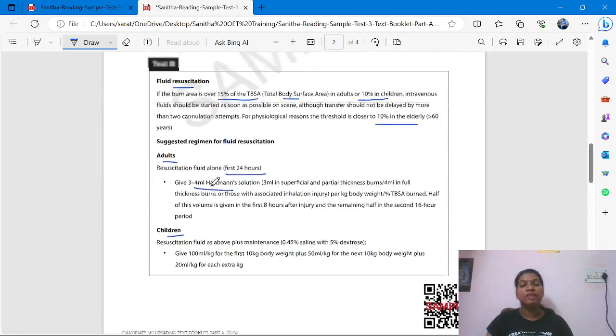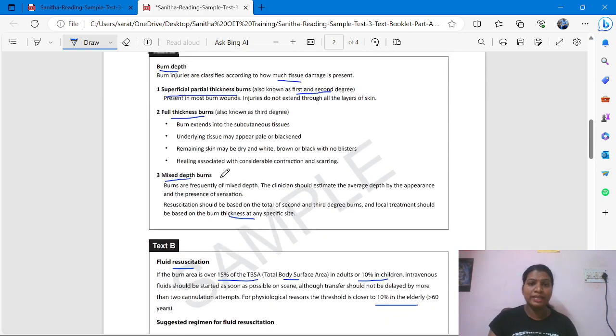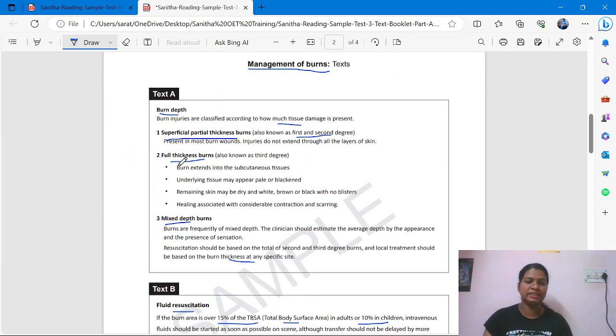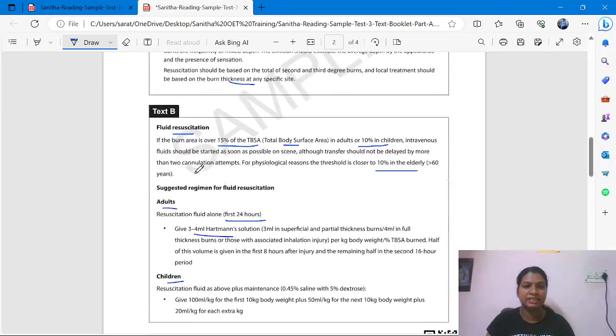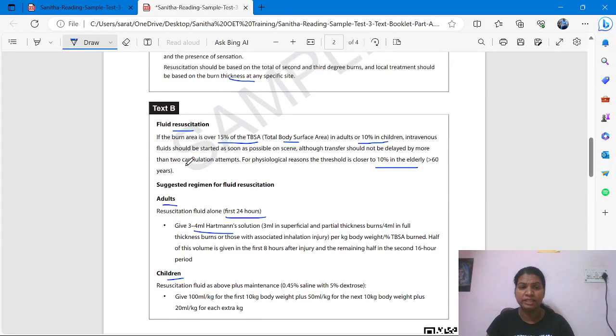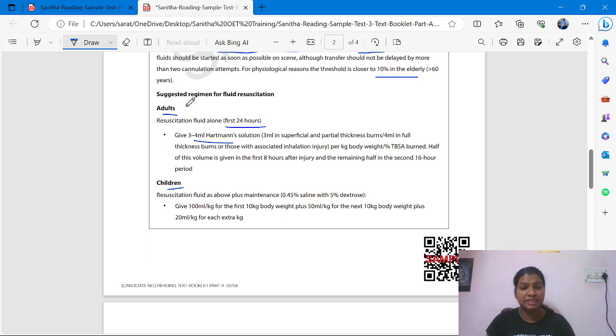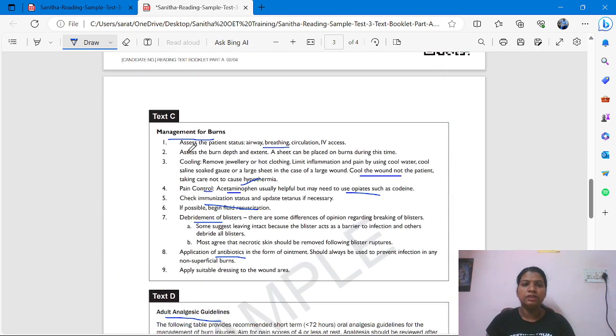Just underline. Then you get that information. The first text is about burns and the types of burn. The second is about fluid resuscitation management, suggesting a regimen for fluid resuscitation in adults and children. It covers what management we have to do if there is any burn.